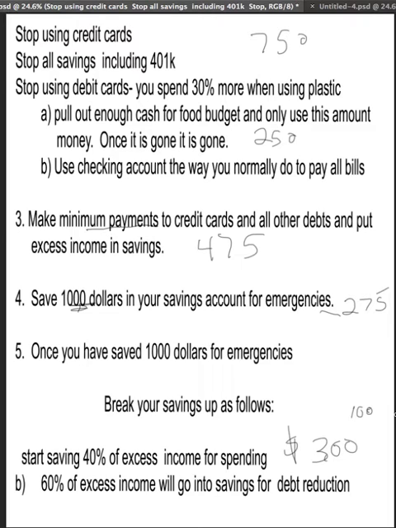That is one of the big things we have to remember when we're starting off: it's not that we can't make purchases, but we have to use our spending money to save up enough to make that purchase in cash. We can't put it on a debit card.